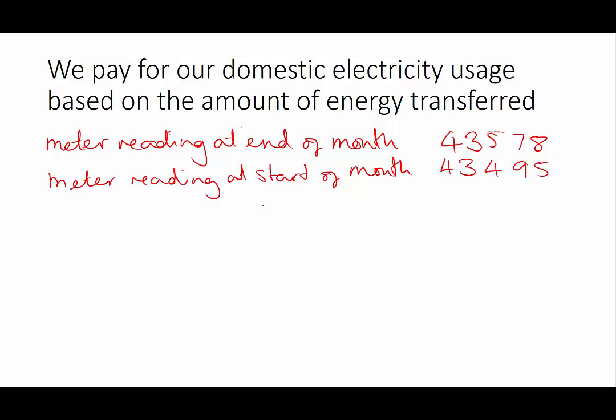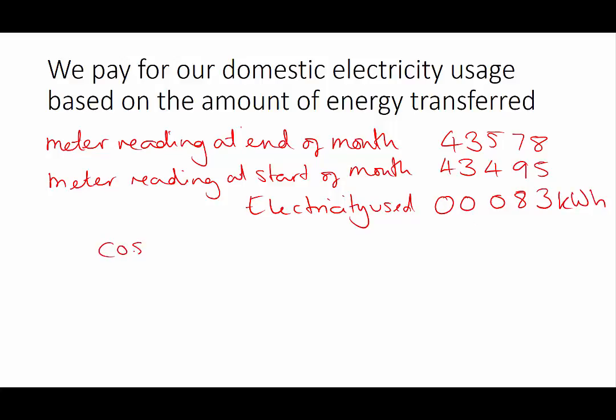To work out how much electricity we've used in that time, we just need to subtract the start value from the end value. So doing a little bit of subtraction, we get that it is 83 kilowatt hours. The units that we measure our domestic electricity in are kilowatt hours.